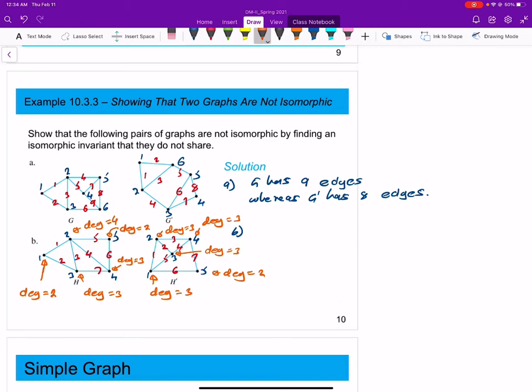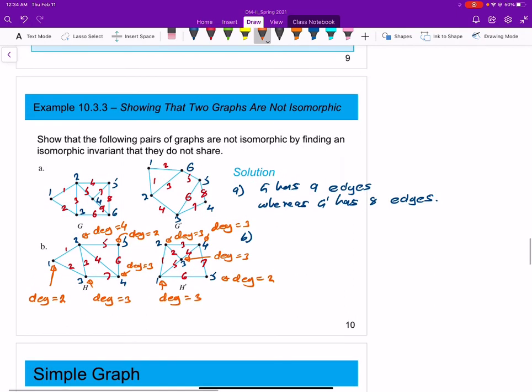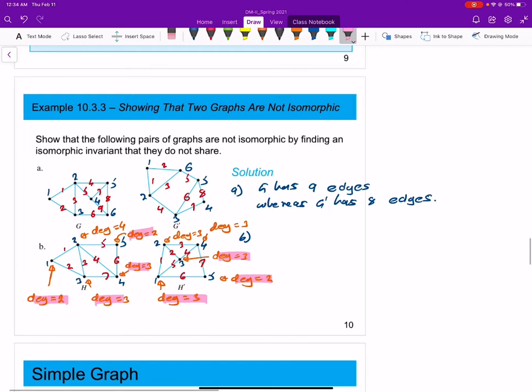Right, now just check whether they have different degrees. One with degree 2, one with degree 2, and several with degree 3, no degree 2s here, and one with degree 4, no degree 4 there. So that is a good point.